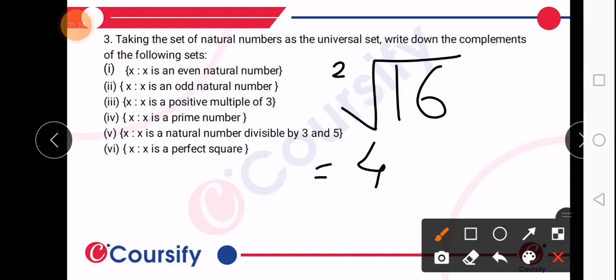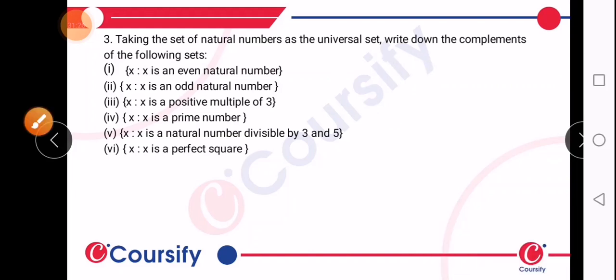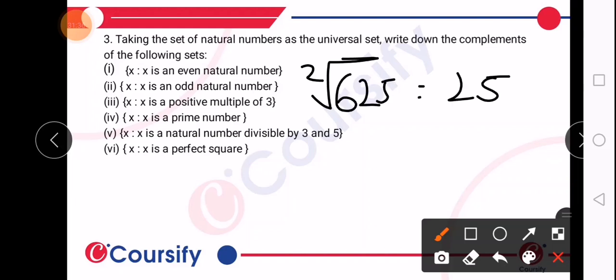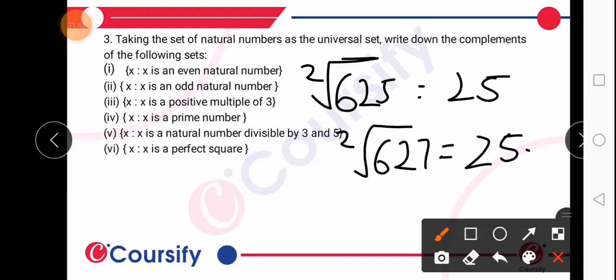For instance, if we take the square root of 625, we get 25. But if we take the square root of 627, we might get something that is 25 point something, which might be 25.12, 25.3 or something like that.